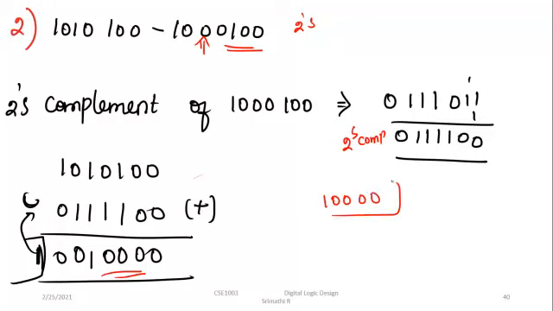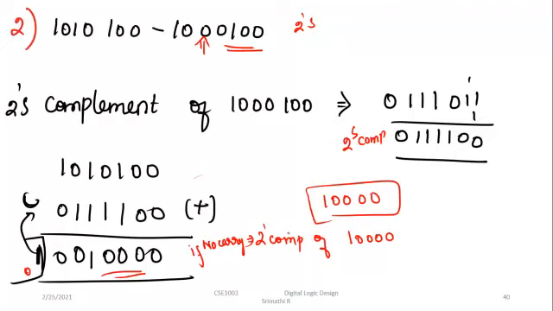For example, if you don't have a carry, take the 2's complement of 10000, and then insert a negative sign before the 2's complement of this number. That is the answer.